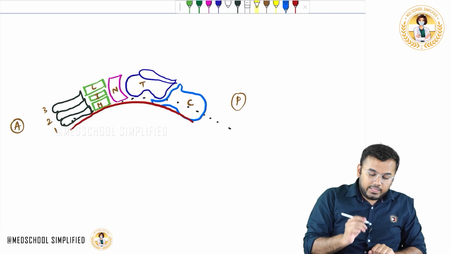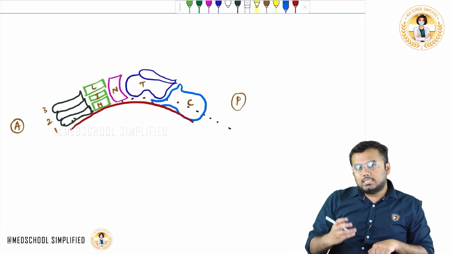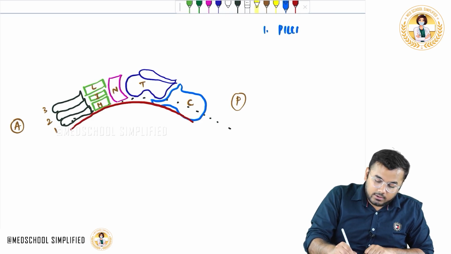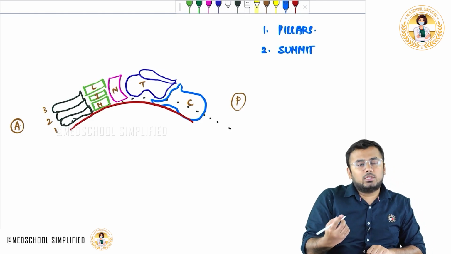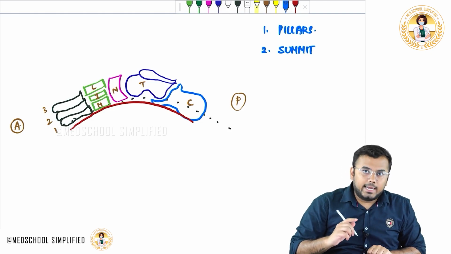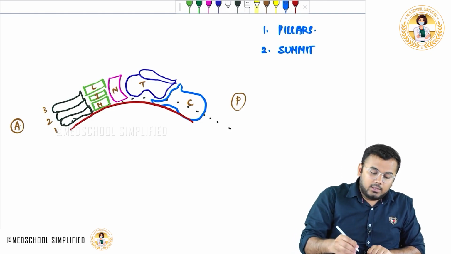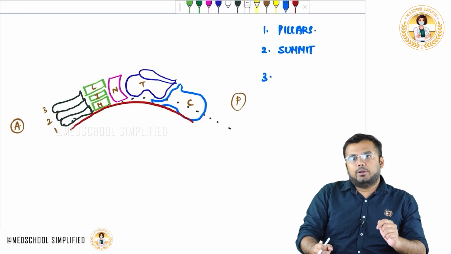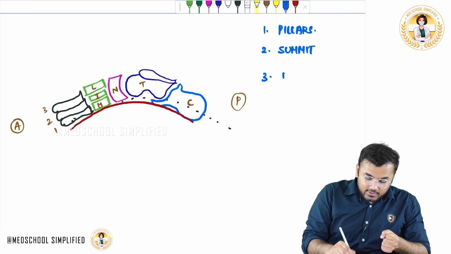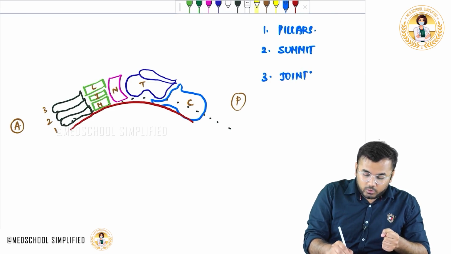Now in this, we have to discuss three important things. What are those three important things? First, what are the pillars here? Second, what is the summit? I already told you that there should be a keystone bone, and that is called the summit. The summit is a keystone bone which is present in the center. And finally, let us see what are the joints that are located here.